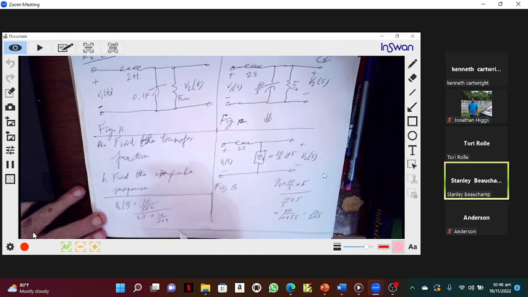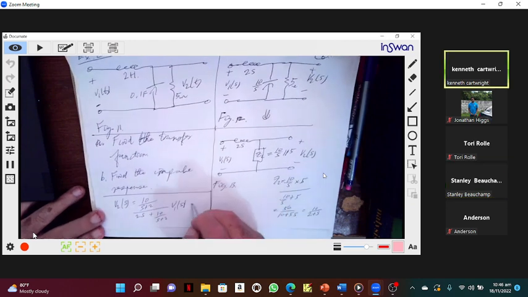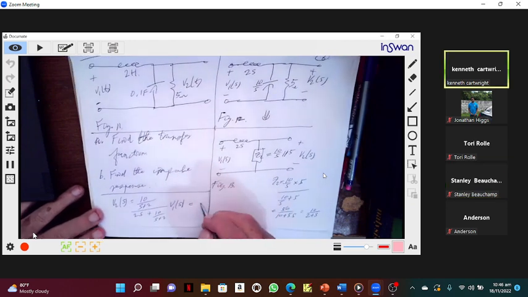Multiply by the input voltage. Yes. Now multiply top and bottom by S plus 2.